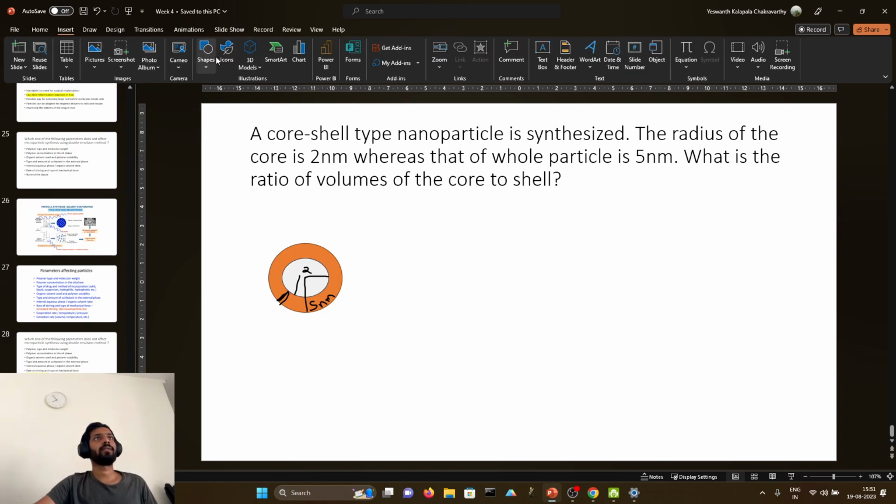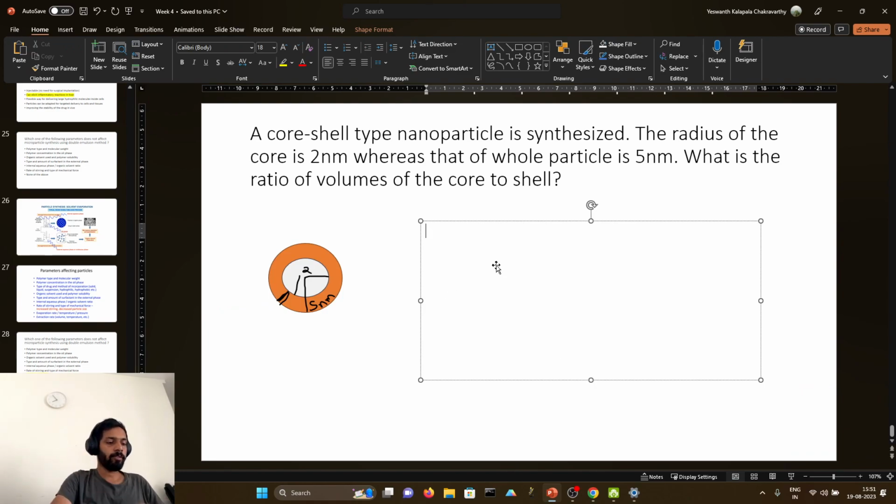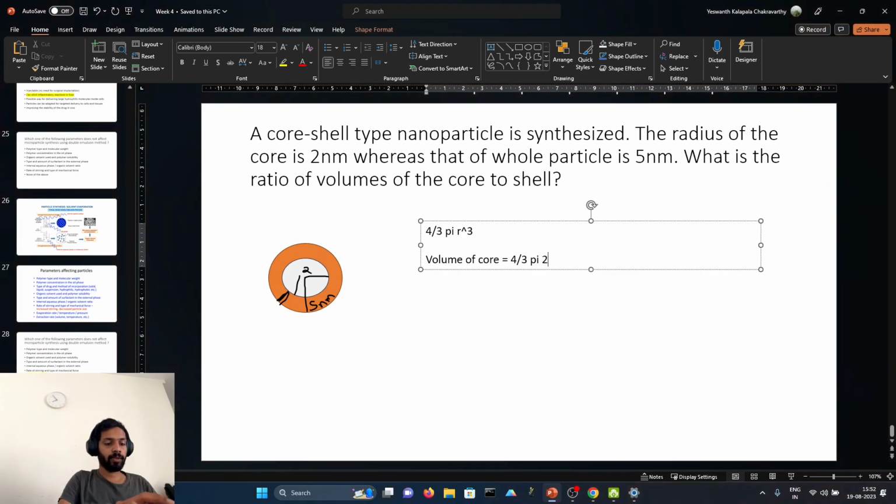The way we solve this is, we know volume of sphere is 4 by 3 pi r cube, right? So we know volume of core because they've given the radius, which is 4 by 3 pi 2 to the power 3.